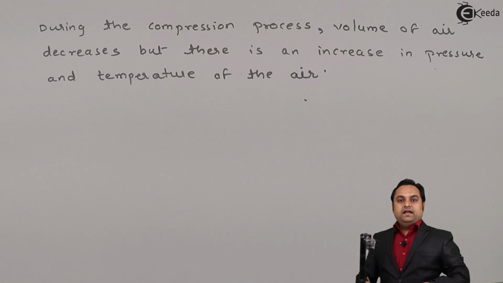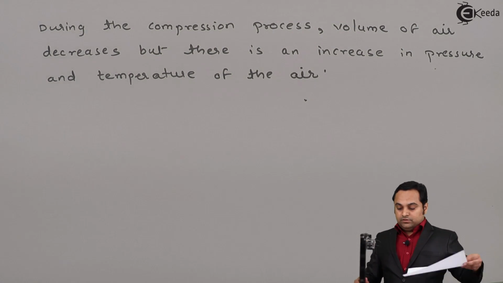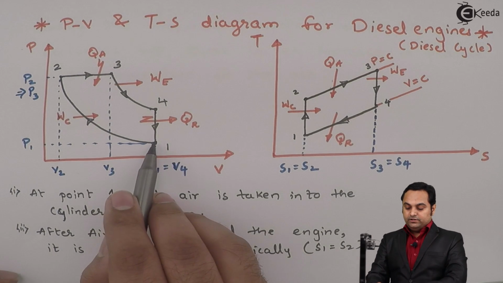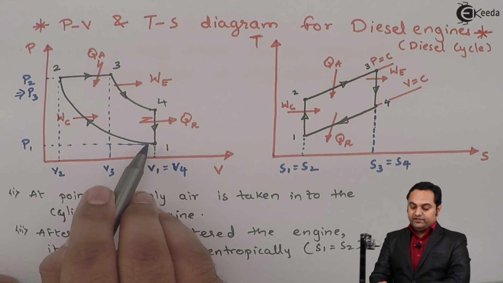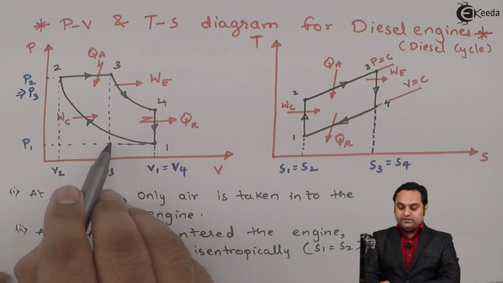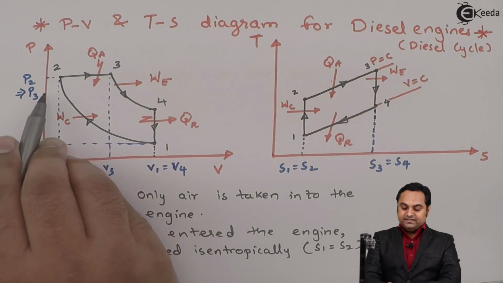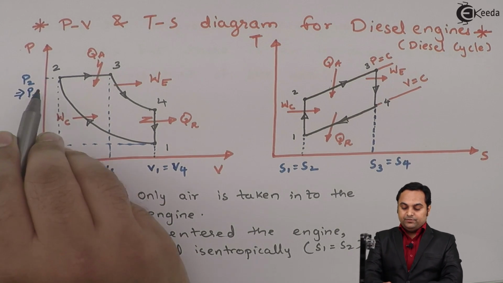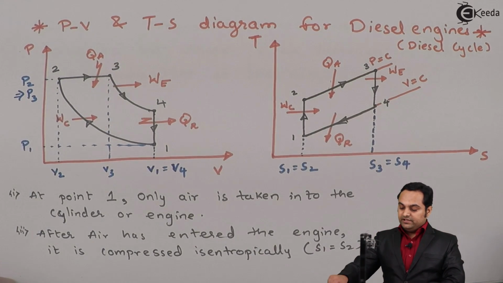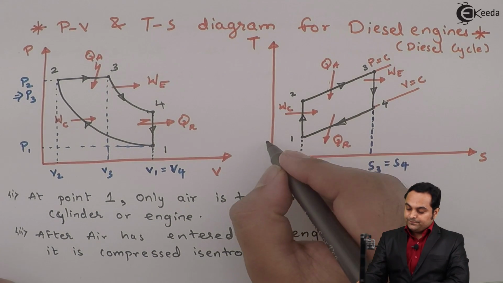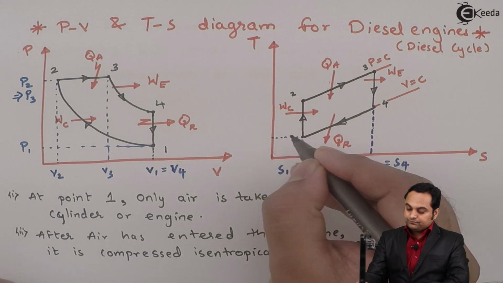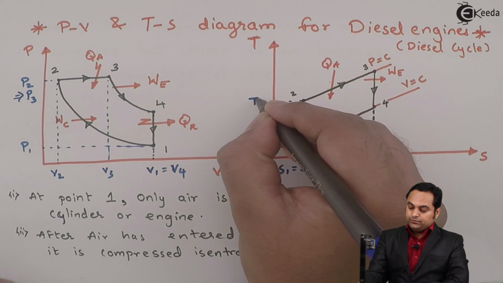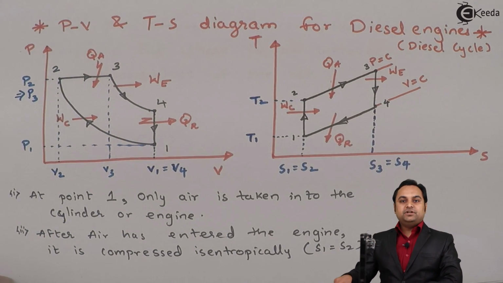So, as we have understood, after the air has entered the engine at point 1, there is reversible adiabatic, or we can say isentropic, compression. In this compression process, there is a decrease in volume from V1 to V2, an increase in pressure from P1 to P2, and similarly an increase in temperature from T1 to T2. So this completes the compression process.